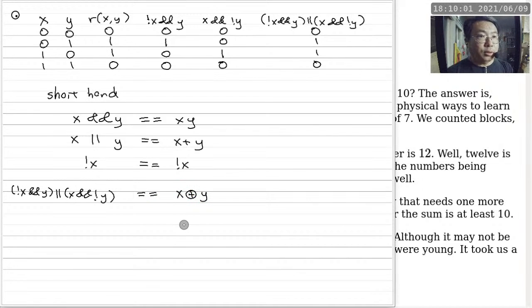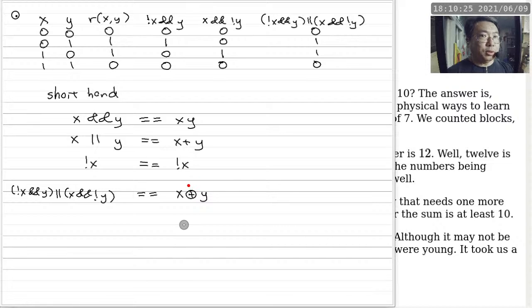Now we're going to use these shorthands on this side. The priority is still maintained, which means negation applies to whatever is right next to it and has the highest priority. Conjunction has the next highest priority, and then we move on to disjunction and then to exclusive OR.